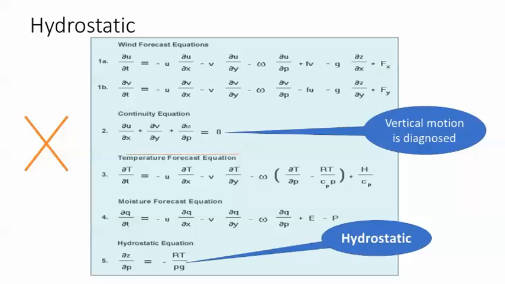The continuity equation is used to calculate vertical motion in hydrostatic models. You cannot find the changes in vertical velocity with respect to time. On the other hand, non-hydrostatic models don't use the continuity equation directly to calculate vertical motion. Rather, they use a combination of horizontal divergence and buoyancy to determine both vertical motions and vertical accelerations.